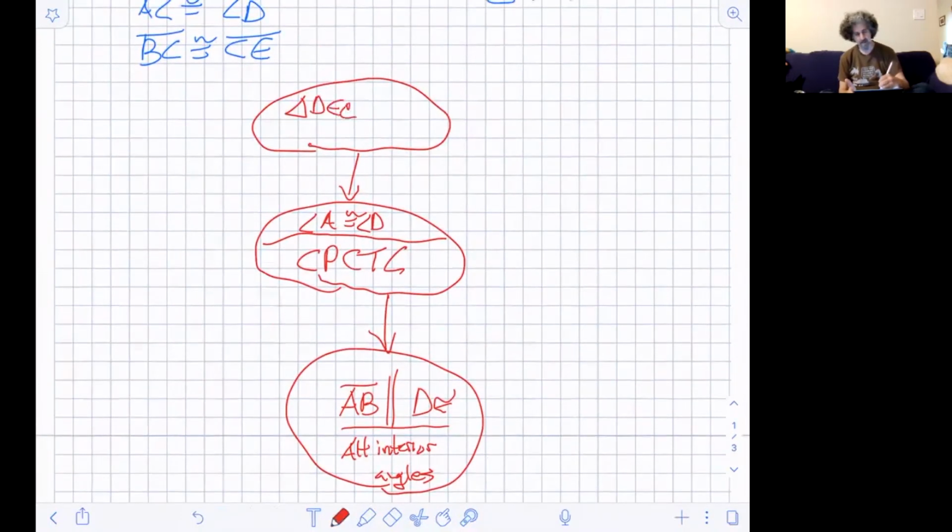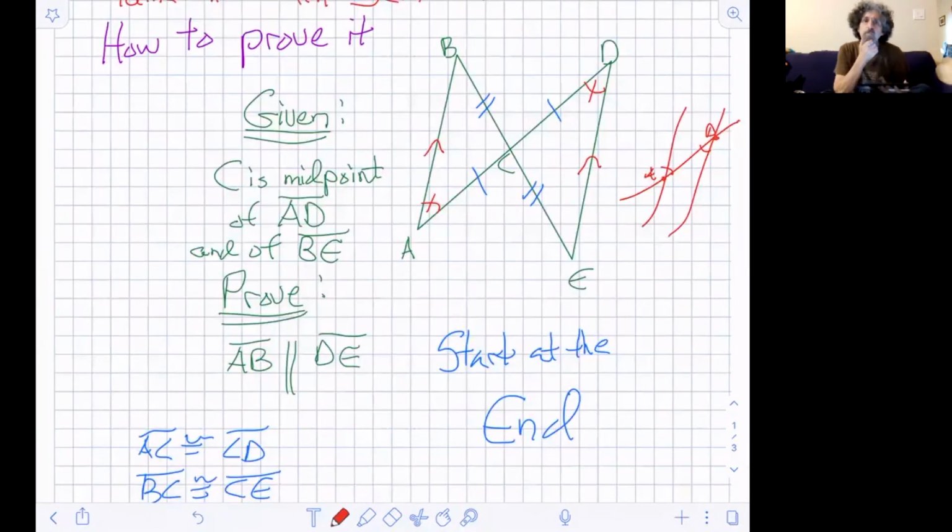Triangle DEC congruent to triangle ABC. And now we're back to familiar territory, triangle congruence proofs. So I look at the figure and I scratch my chin and I think, what do I need?